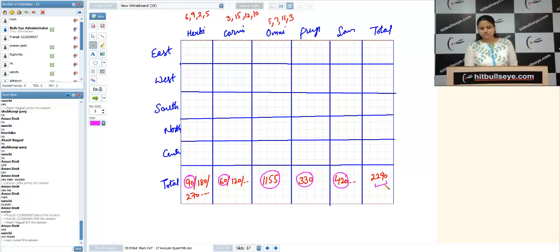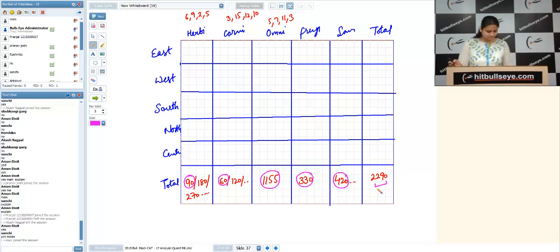I need 2290, that is the maximum. If I subtract 420, 330, 1155, 60 and 90, the minimum of everything, I will be left with 235. It means 235 animals can be distributed here.